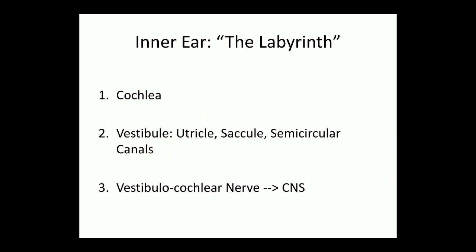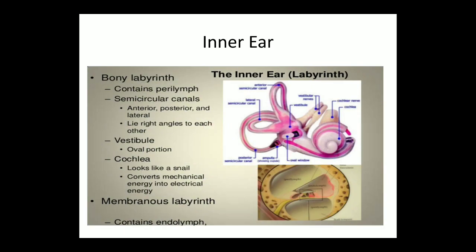Whereas the vestibulocochlear nerve is the cranial nerve which is related to the central nervous system. So in the diagram we can see that there are two parts of the inner ear, called the labyrinth: the bony labyrinth and the membranous labyrinth.